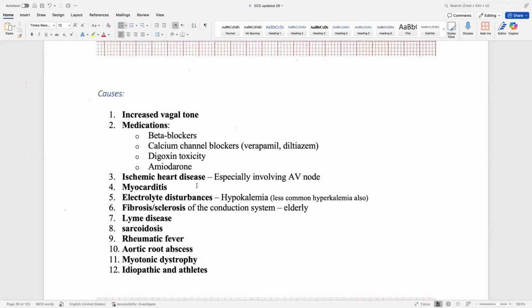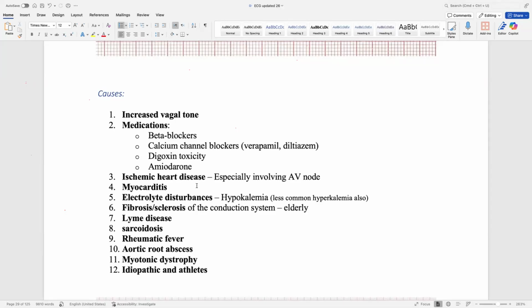That is why inferior MI, in a significant number of people, is associated with complete heart block. Why complete? Because there is complete destruction of the AV node.